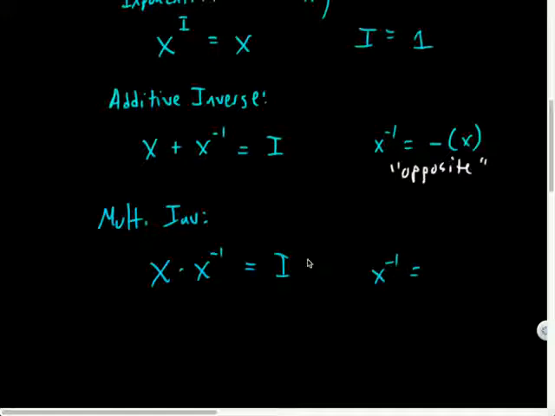Right, now I'm using this x to the negative 1 as just a notation to represent the idea of an inverse. But I'm thinking of, if I have the number 7, what would I multiply 7 by to get 1? If I have the number -20, what would I multiply that by to get 1?